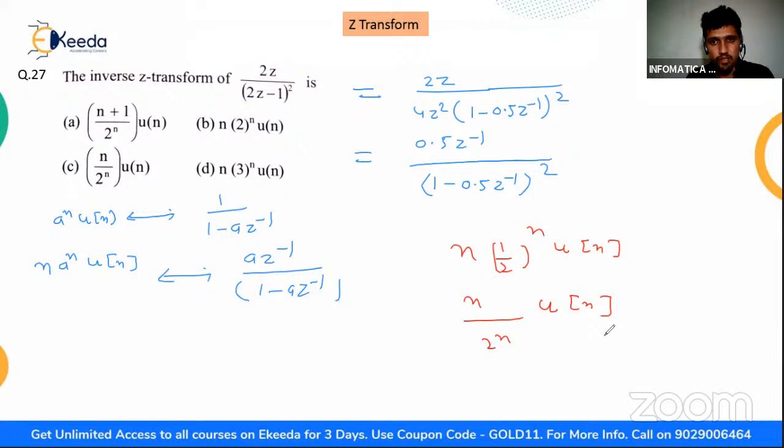So what will be the answer? n upon 2 raised to the power n u[n], C. So C is the correct answer.